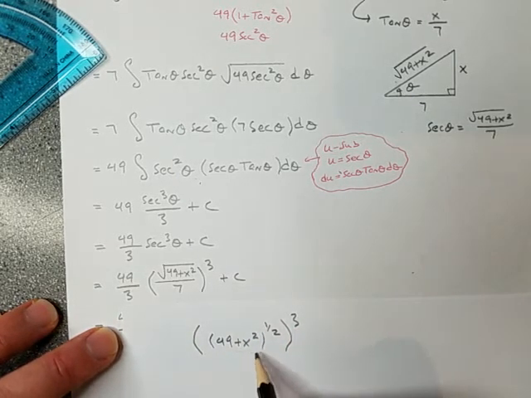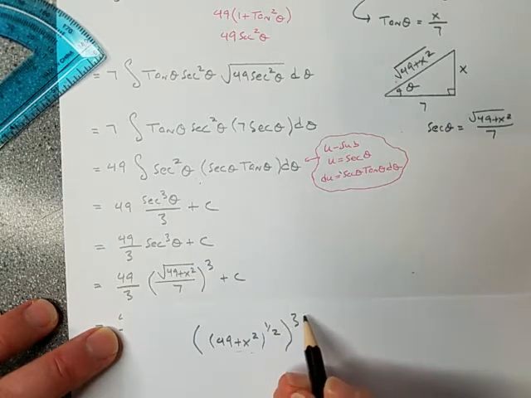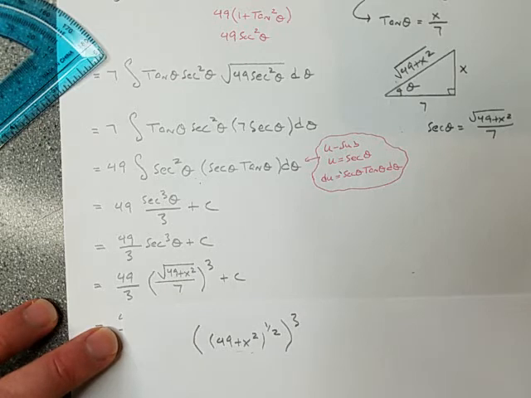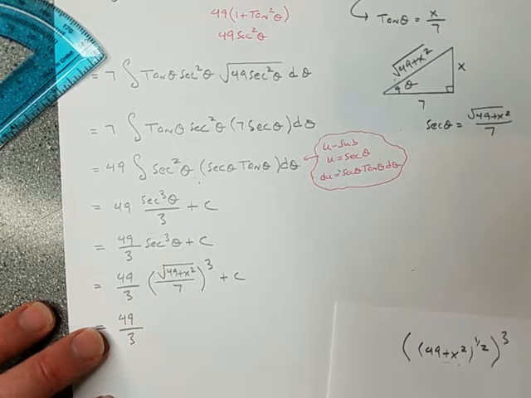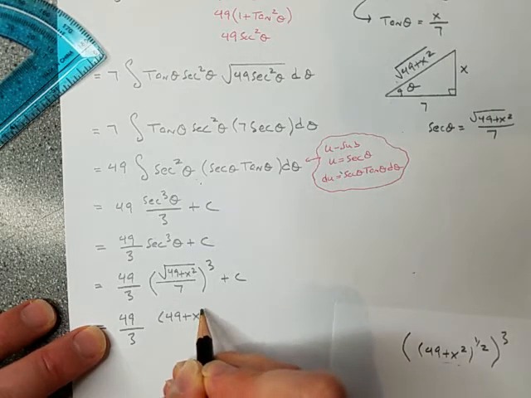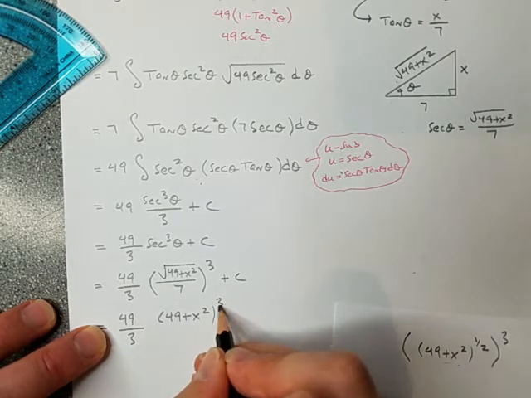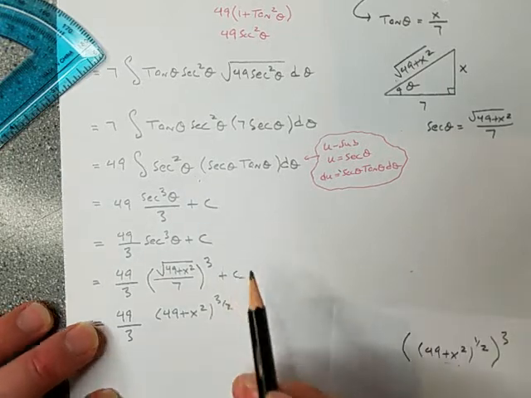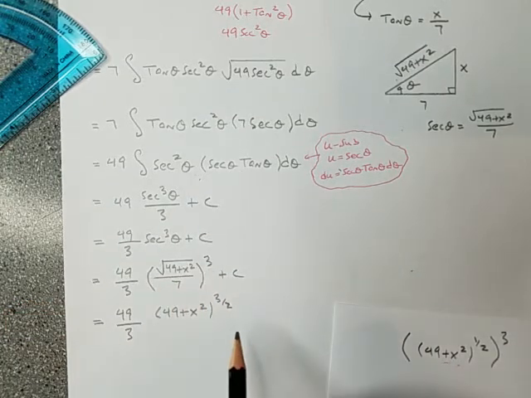So we're taking something, raising it to a power, and then raising it to a subsequent power. And you multiply the powers when you do that. So what this would be is 49 plus x squared to the 3 times 1/2 power. That's 3 over 2. So I'm going to write 49 plus x squared to the 3 over 2 power. That's what happens when I apply this exponent to the numerator.